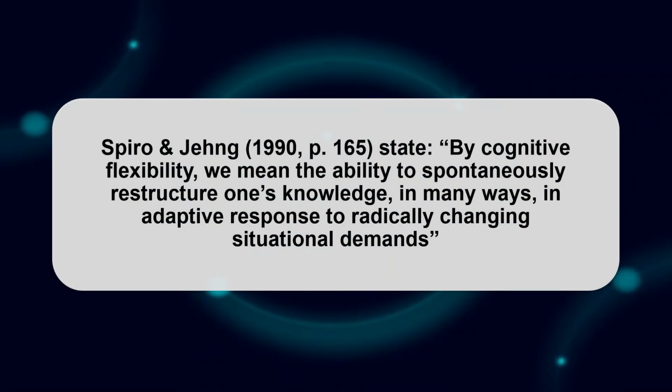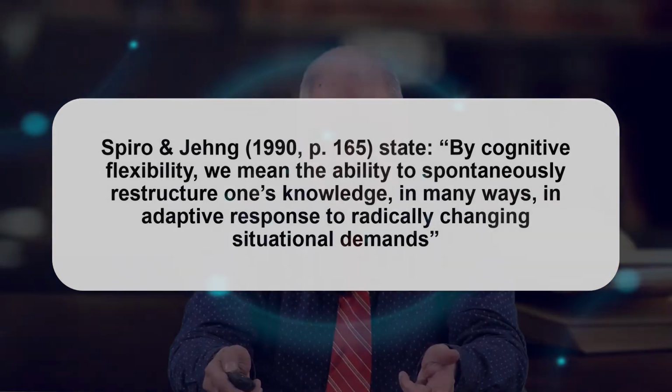Spiro and Zhang have been very famous. Their work is very popular and important in this field of cognitive sciences. They state that by cognitive flexibility, we mean the ability to spontaneously restructure one's knowledge in many ways in adaptive response to radically changing situational demands.